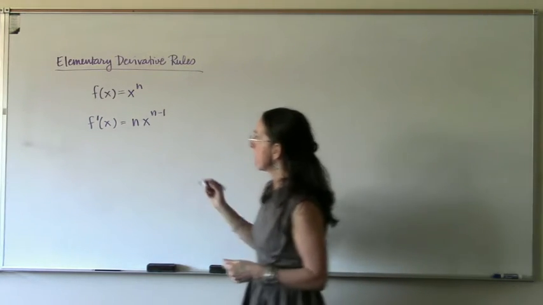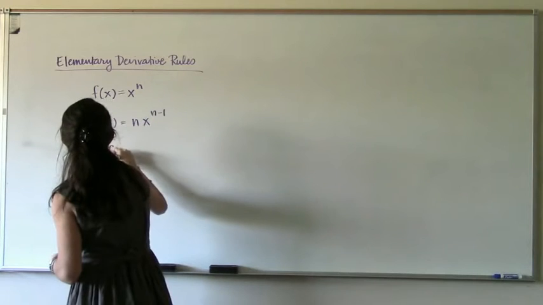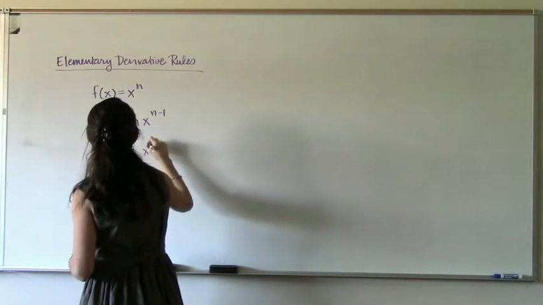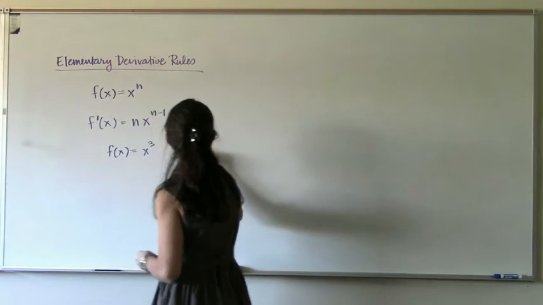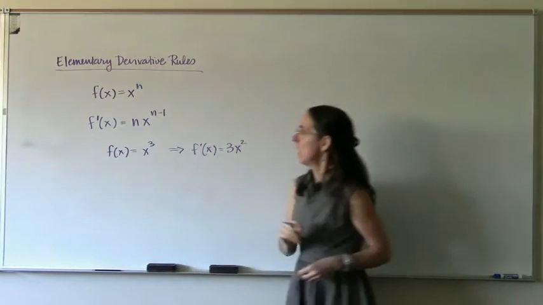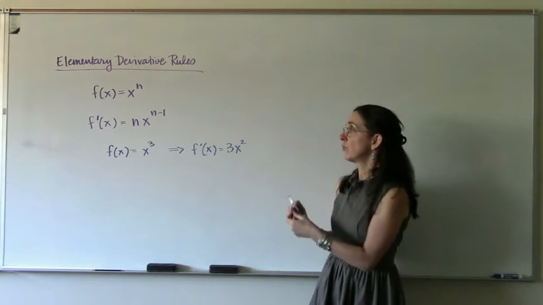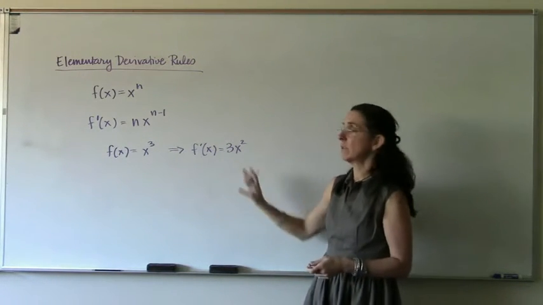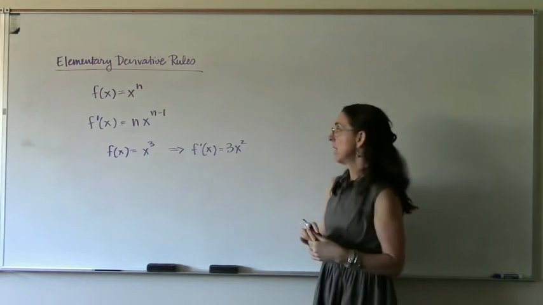An example: the derivative of x cubed is equal to 3x squared.